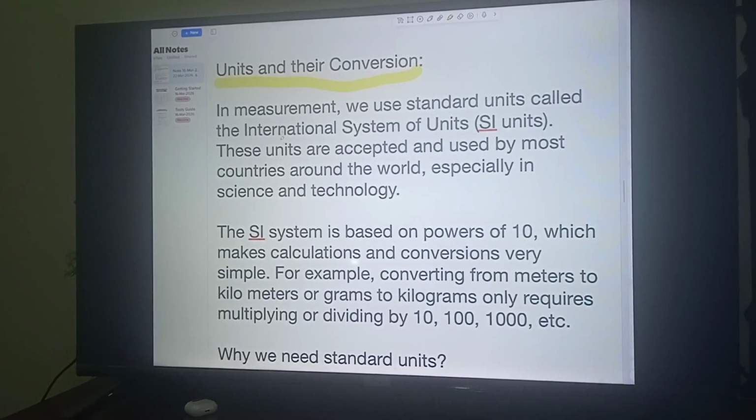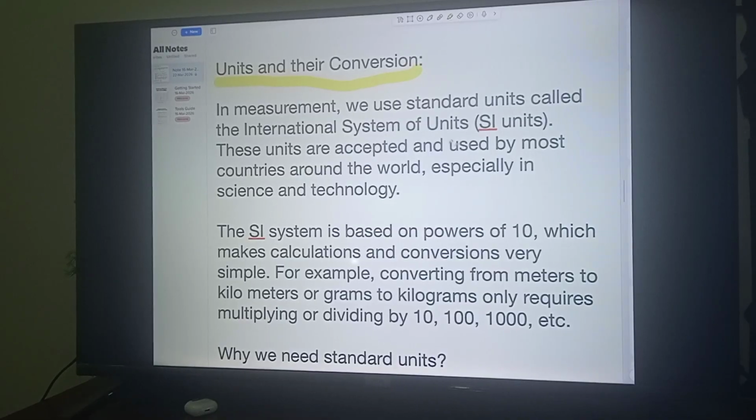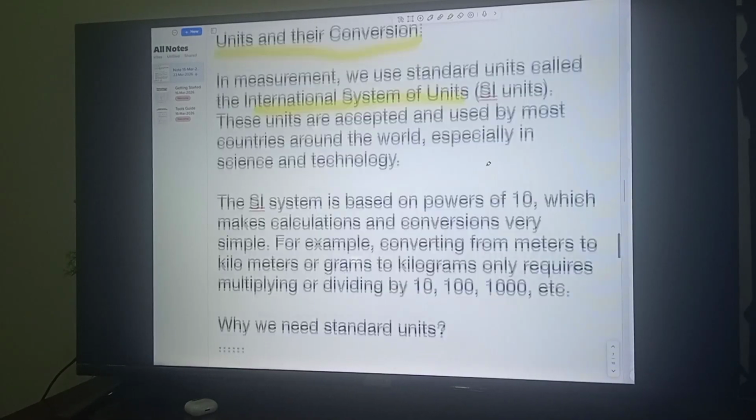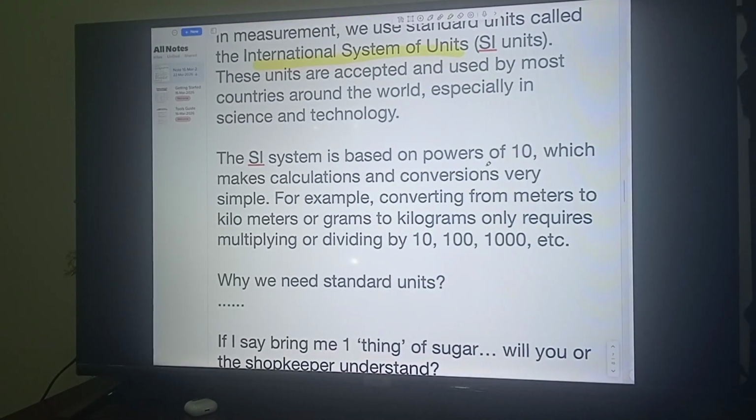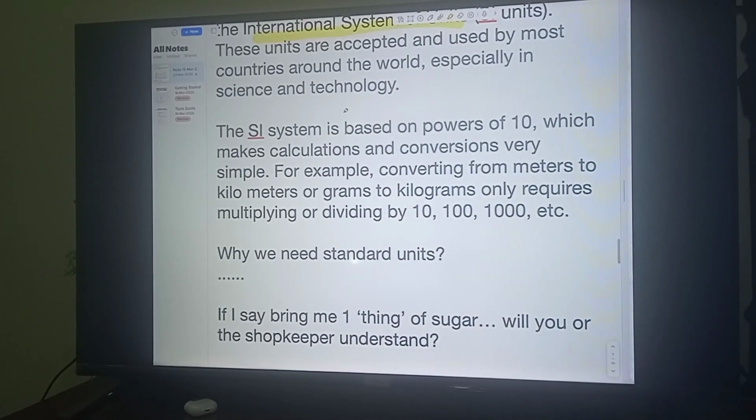So, in measurement, we use standard units called the International System of Units, that is SI units. These units are accepted and used by most countries around the world, especially in science and technology.